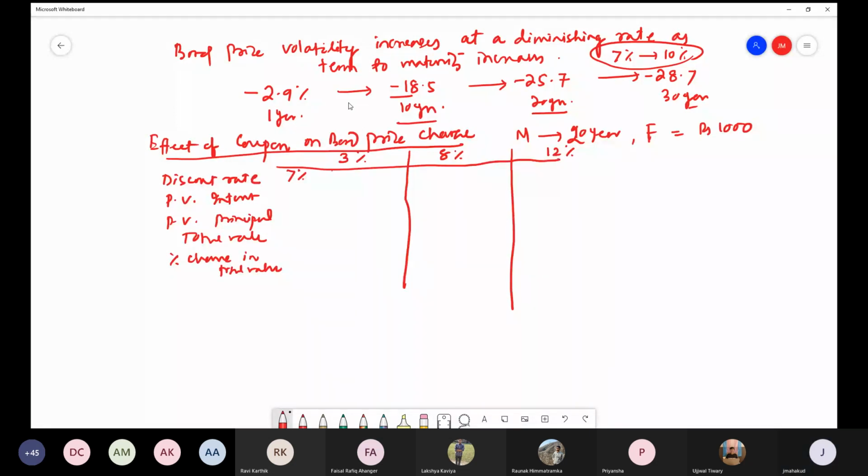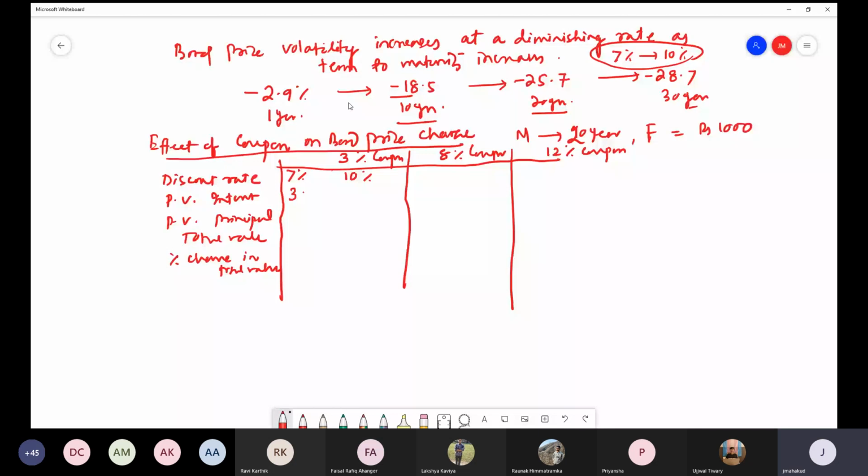The same thing. So if you are calculating the present value of interest for 3% coupon, this is 8% coupon, this is 12% coupon. What will be the value of the bond in this case? At 7%, if you discount the interest, you will get 322.